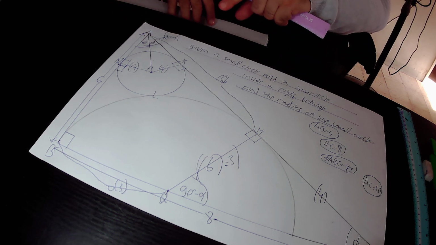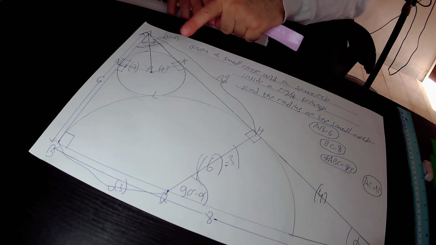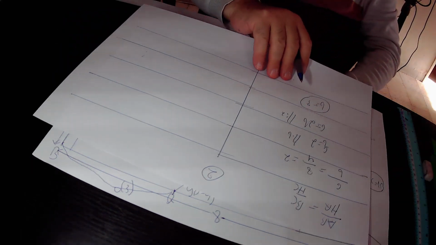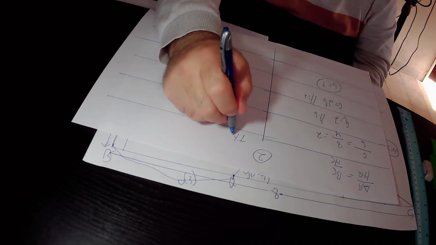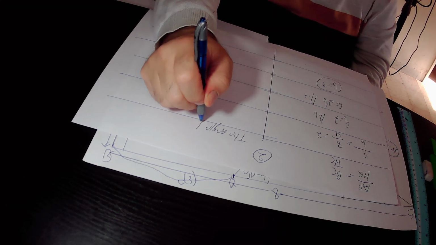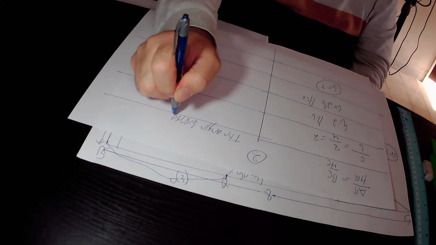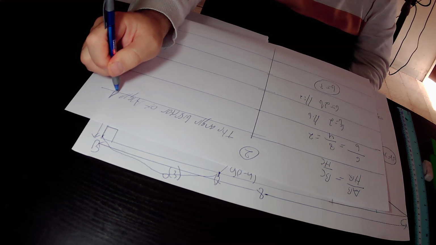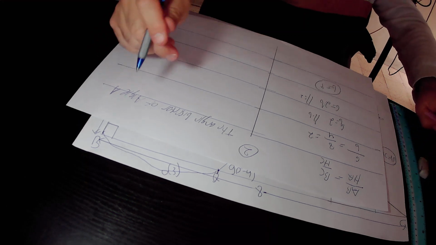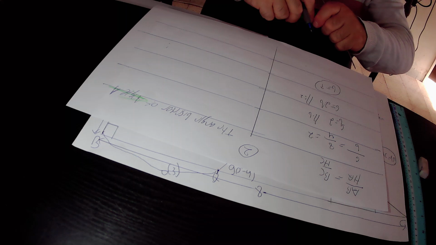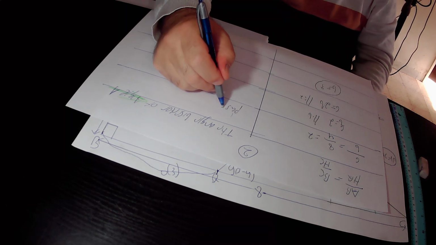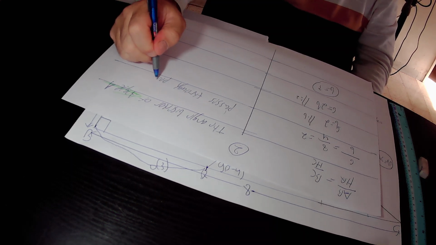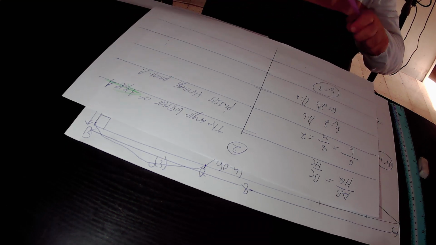So I write it down. We found out that the angle bisector of angle A passes through point P, that is the center of the small circle.